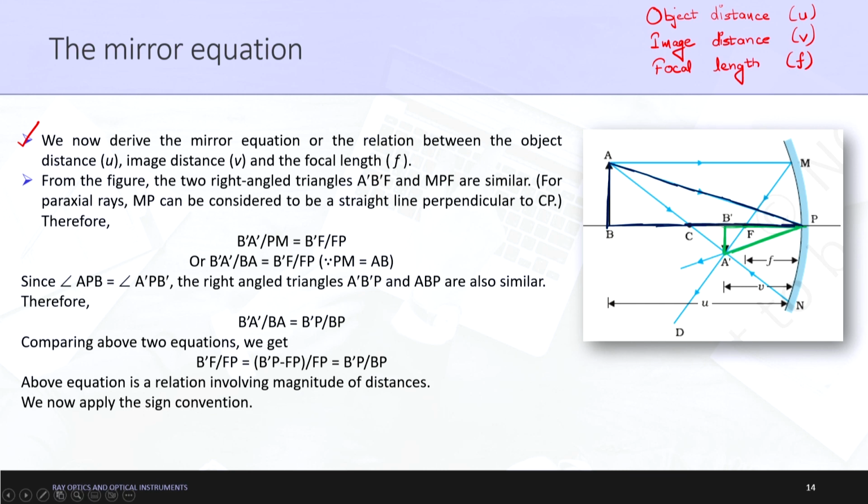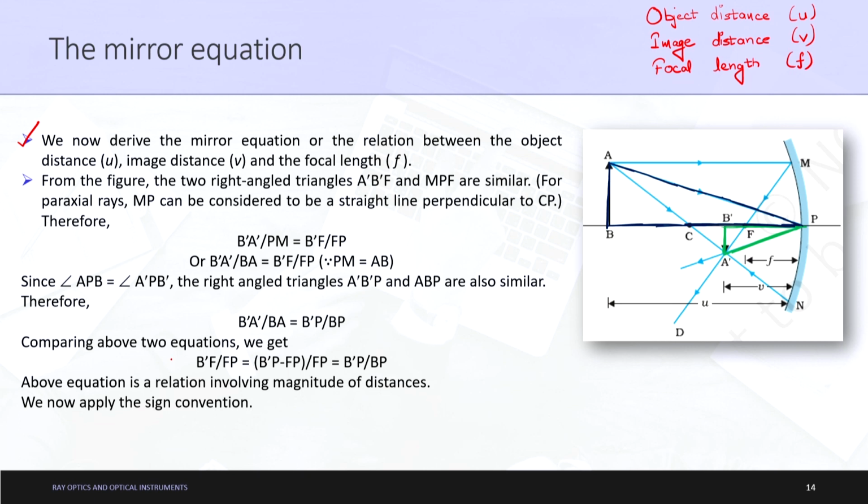These two triangles are again similar to each other. Therefore, B dash A dash by BA, the ratio of the heights, is equal to B dash P by BP, the ratio of the bases.